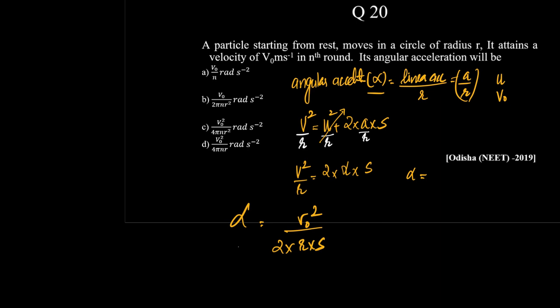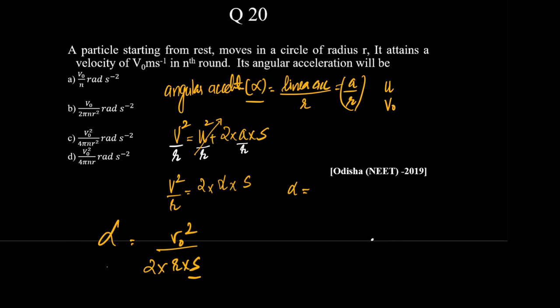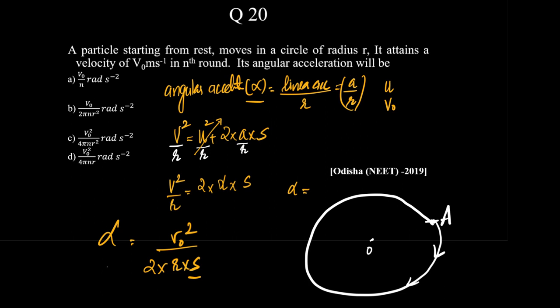Okay. So now we need to convert this s. See, what is s in the question? If there is a circular motion being executed, say for example this is a particle, this is the center of the circle, and if a particle executes a circular motion here, if it starts from A, it travels like this, and eventually reaches A, one revolution is completed, right? The vector at every position will move like this.